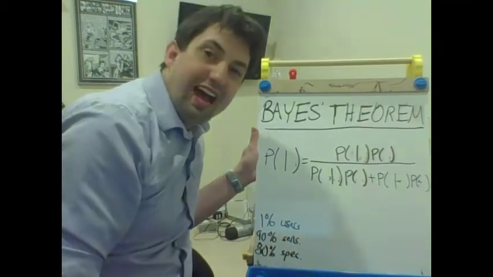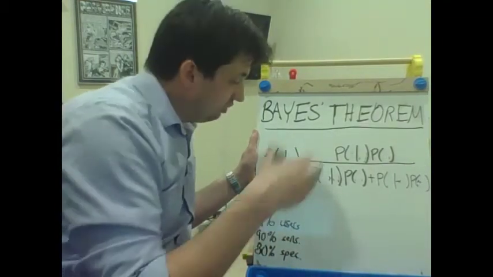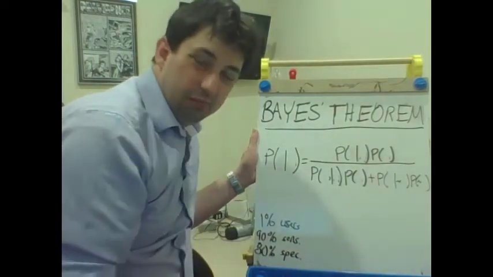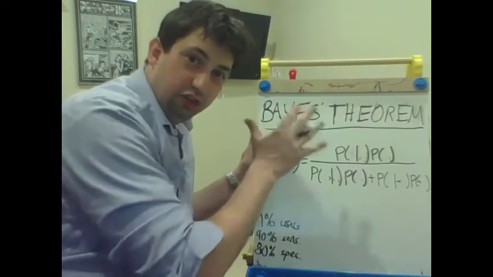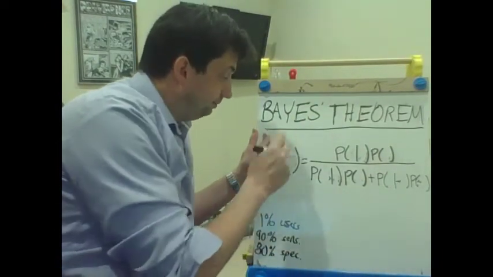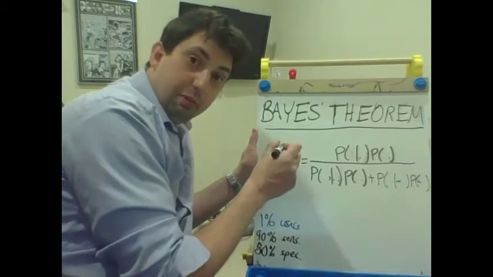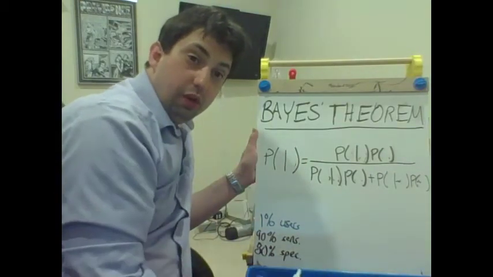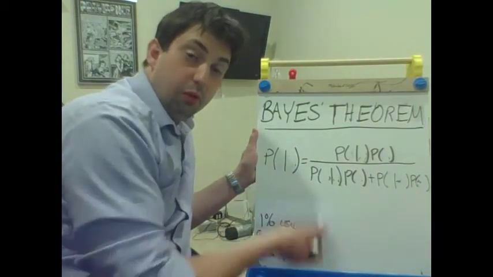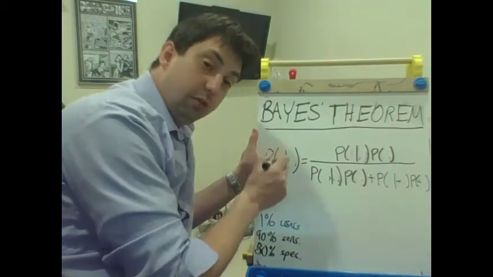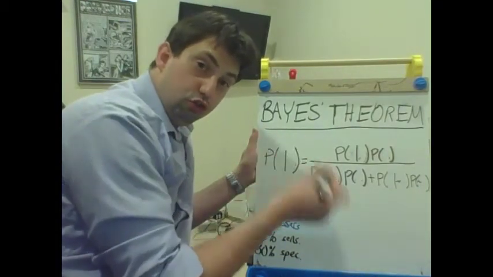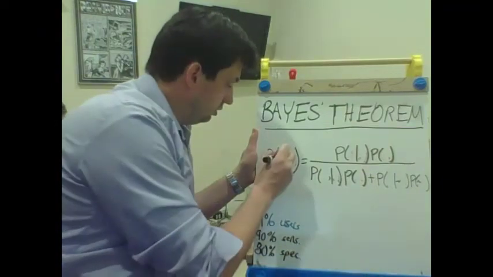So first things first, I erased all the A's and B's. I could just write the same thing over again, but through the magic of editing, it looks like I did this really fast. Then I'm going to replace A and B with user and positive. What is the chance that someone is a user, assuming they test positive for drugs?